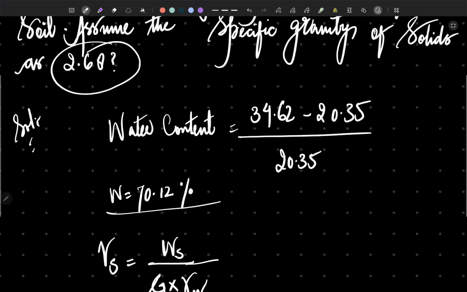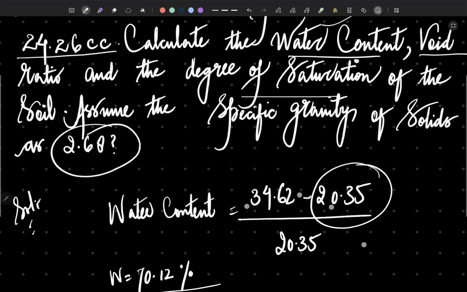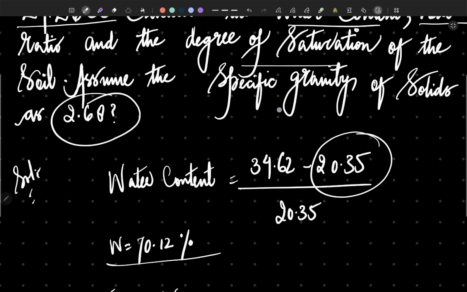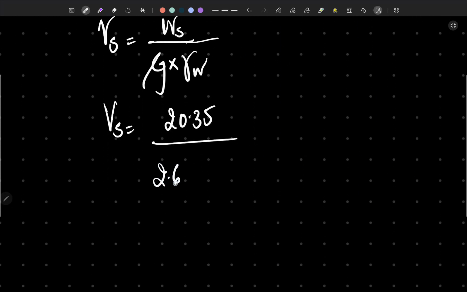Weight is this much, the oven dry weight, so this is the weight of solids, 20.35. Specific gravity, the question says, assume specific gravity of soil solids as 2.68. The density of water we know is 1 gram per cc.